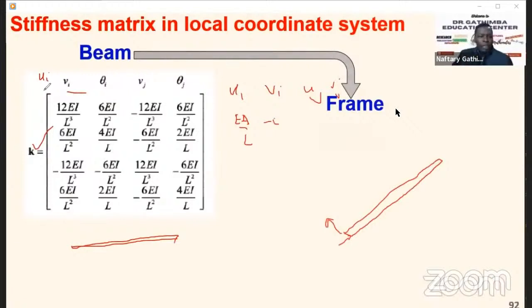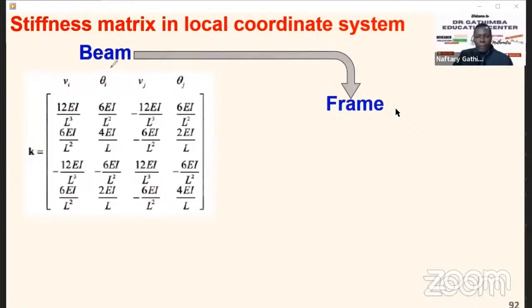So we are going to introduce a new row and a column associated with the axial effect, the UI. So you're going to have the UI here, and then UJ. The same case, we are going to introduce a row for UI, UJ, VI, VJ.